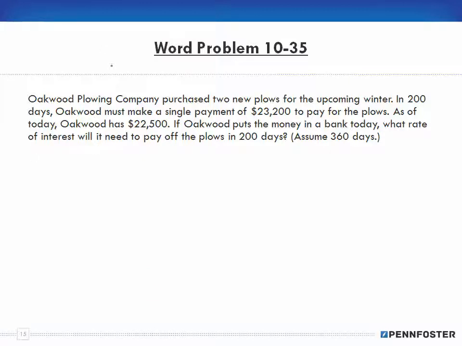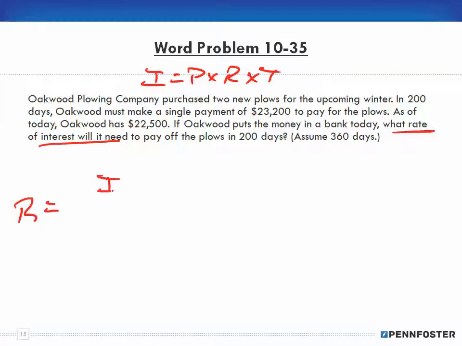Okay, so interest is equal to principal times rate times time, and it's asking me what rate of interest will be needed to pay the loan off. So if I'm looking for rate, I always put the interest in the numerator and then whatever's left over, principal times time, in the denominator. Now, we need to know how much the interest is.